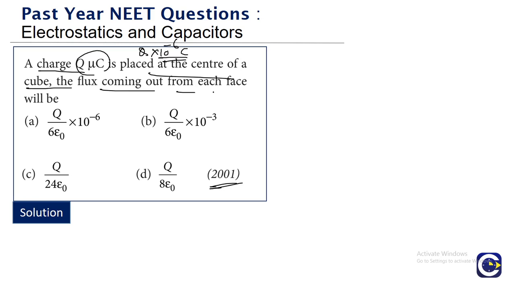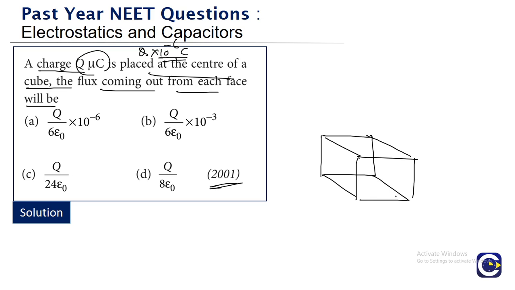The flux coming out from each face will be, if you think about a cube, let us just represent a cube. So we are placing this particular charge at the center of the cube.